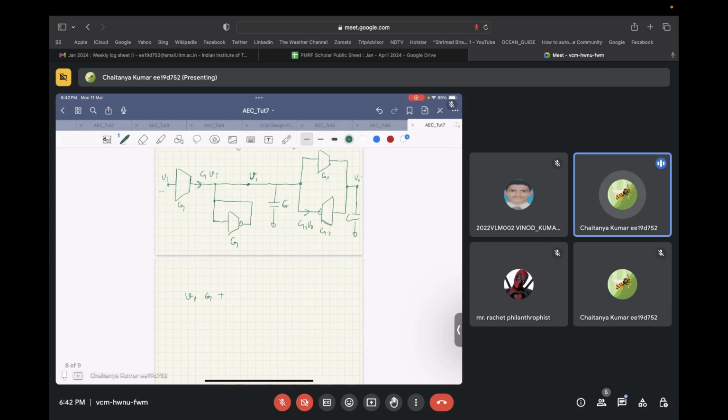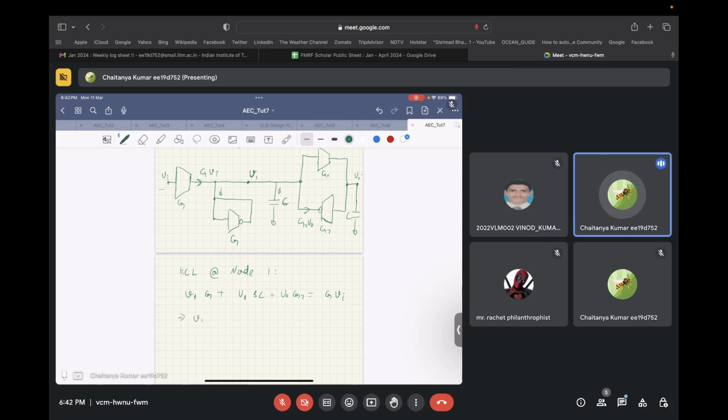So KCL at node 1 is basically V1 times G plus V1 times SC. So this is the current that is being sunk, plus V naught times G2, is equal to G times Vi. Is this correct? So basically this is equal to V1 times (G plus SC) plus V naught times G2 is equal to G times Vi.